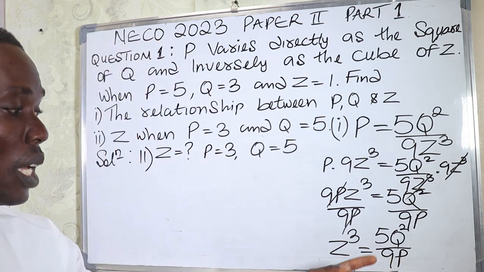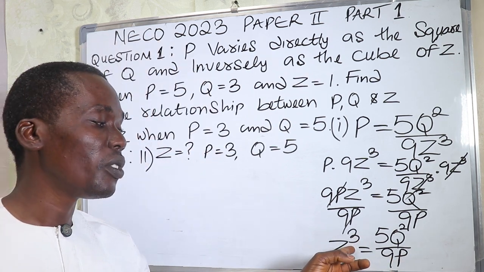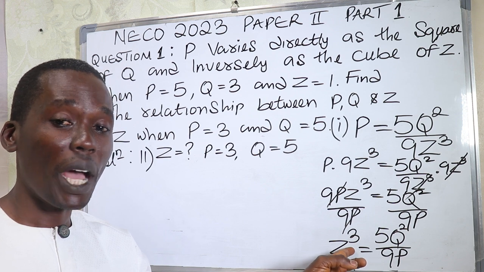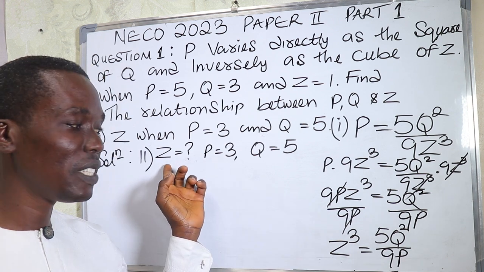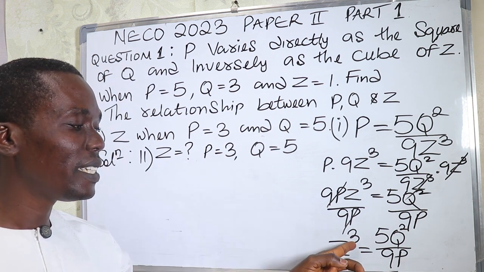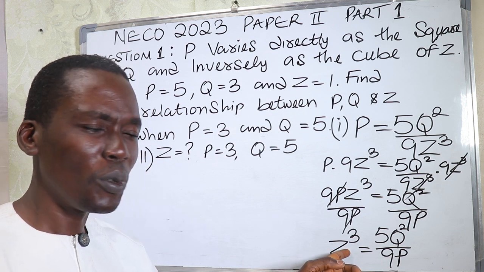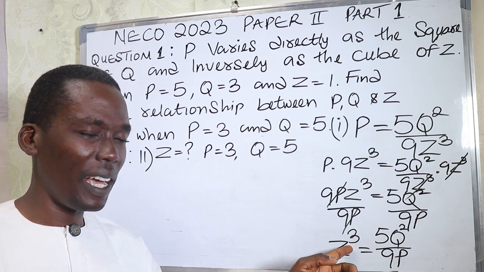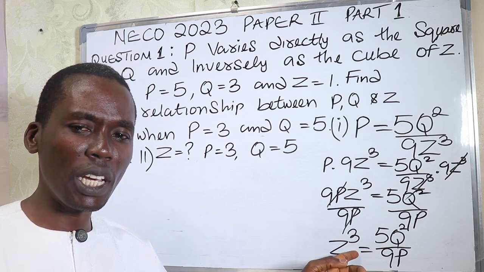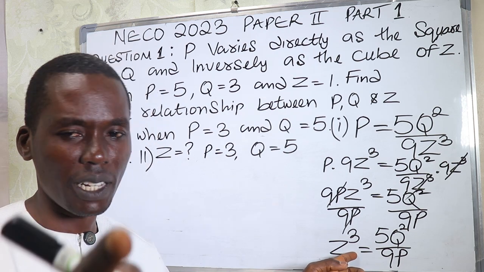We are not done because we are not asked to look for z to the power of 3. We are asked to look for the value of z. So to clear this cube, what do we need to do? As a good student, you should know that to clear a cube, you need to take the cube root of both sides. Very good.